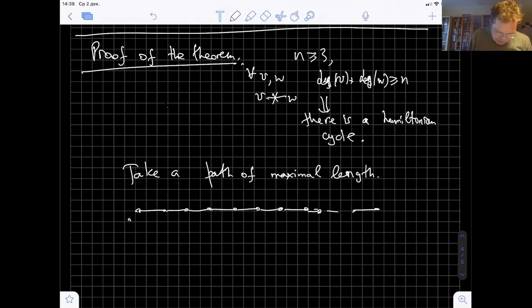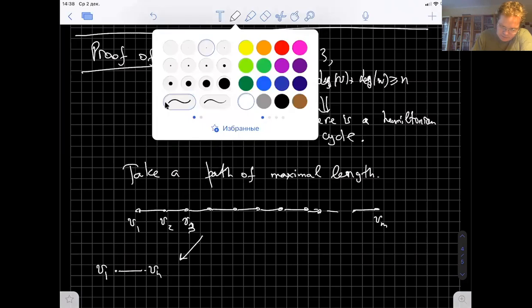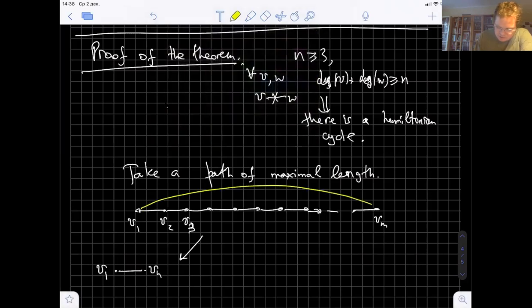Let's denote the vertices here v1, v2, up to vm, and we have two possible variants. First of all, we can have an edge between v1 and vm. If it is so, then we have a cycle of length m.